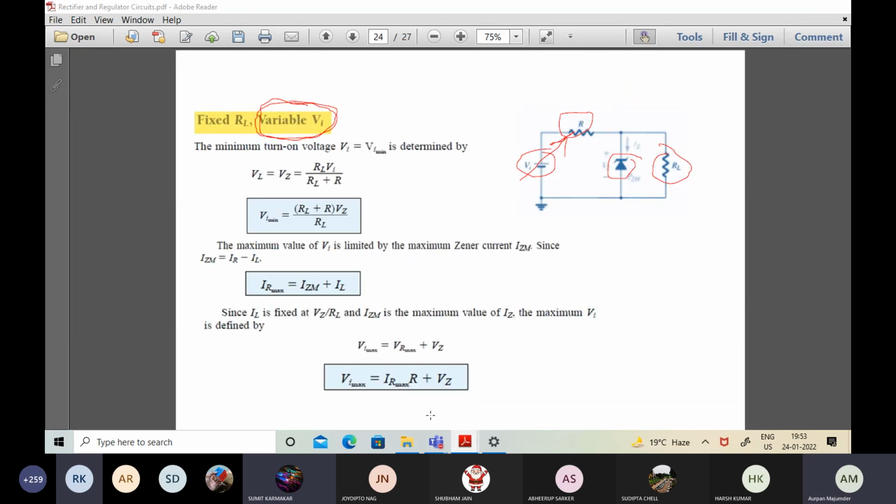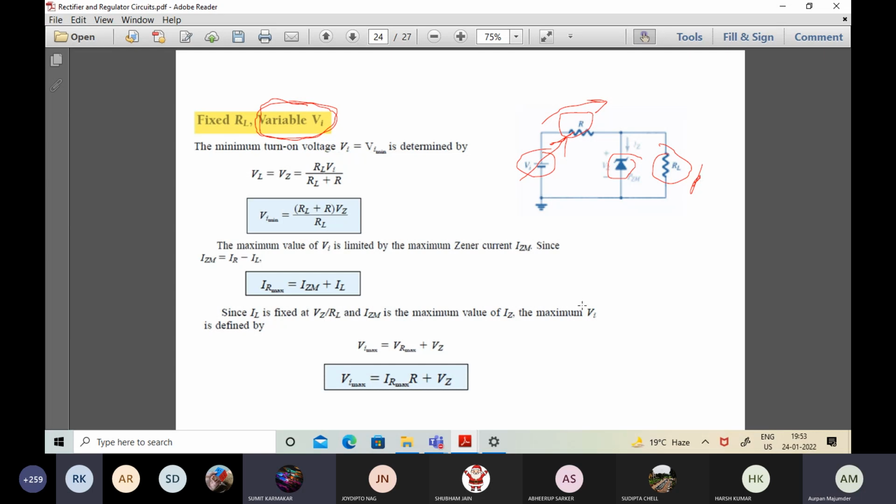In this diagram, this particular Zener diode is open. This load resistance is very low. So the entire variation will depend on whatever current is coming from this source, as well as the variation of RL occurring. So these two factors will contribute to the variation in the output load voltage. So we should be able to avoid that.